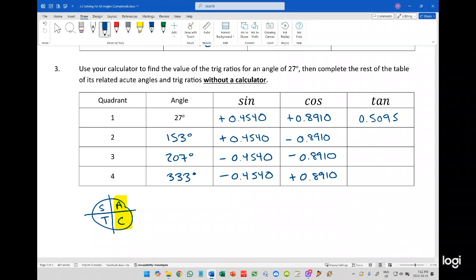And then finally, the tangent of all four of those angles is going to be numerically the same. And we can see from the CAST rule that tan will be positive in the first quadrant because everything's positive in A. And in the third quadrant, it will be positive. So first and third are positive, meaning second and fourth are negative.